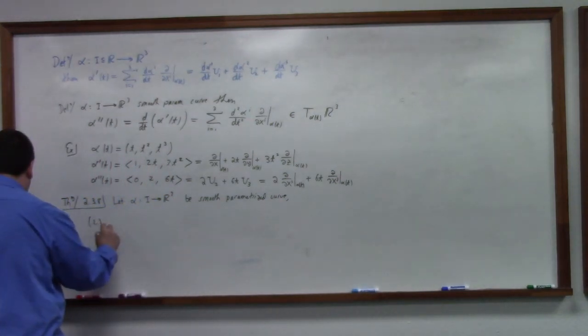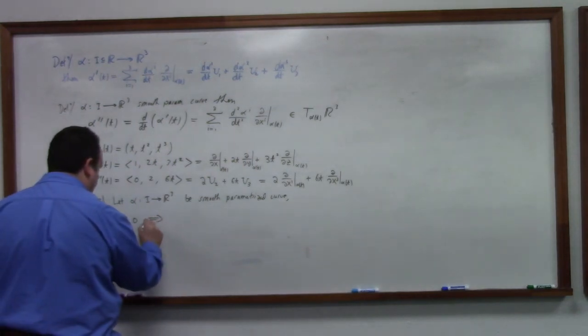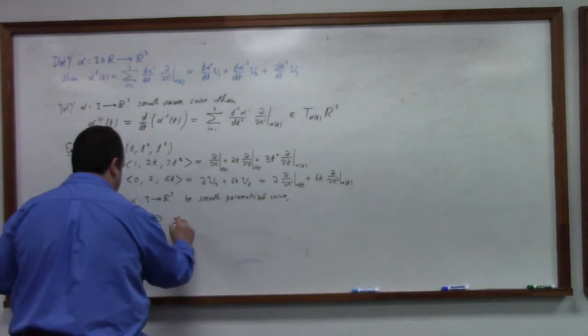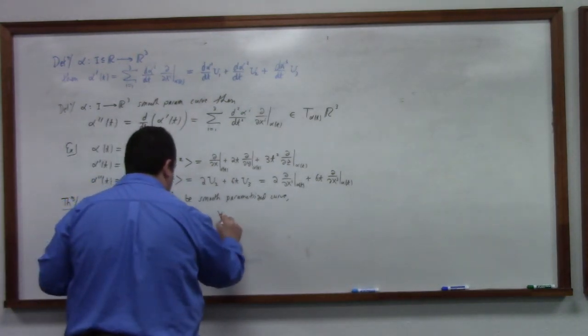Number one, alpha prime equals 0 if and only if alpha of t is equal to p for all t in I.